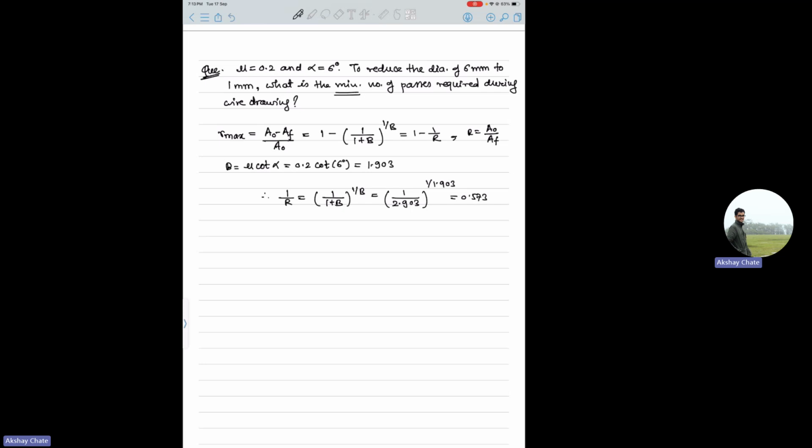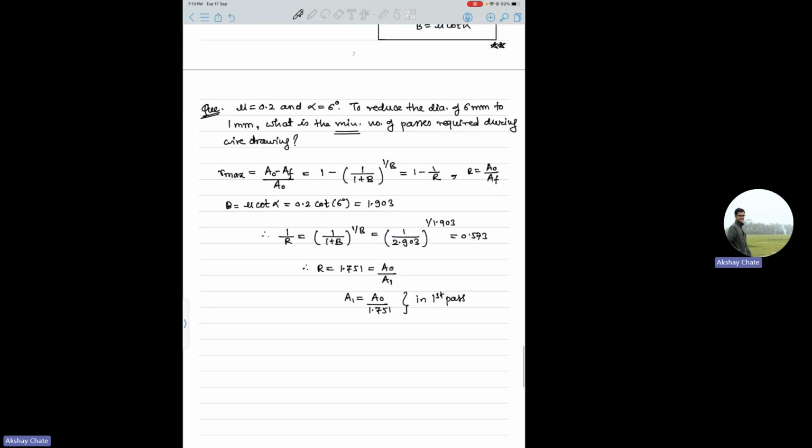If you do the inverse of this, you should get R as 1.751. So what it means is that after one pass, you have A1 cross-sectional area, and you can have the reduction in cross-sectional area maximum as 1.751 times in the first pass.